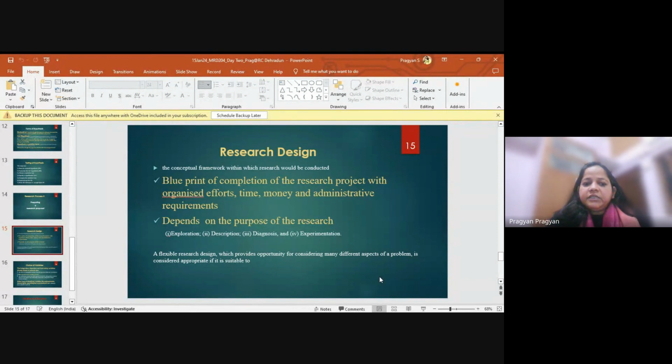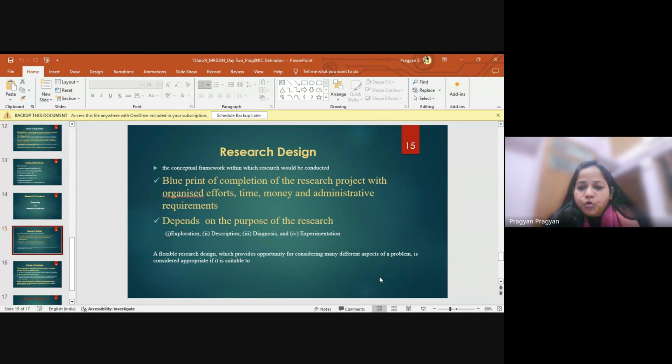So that is why exploratory, descriptive, and diagnostic research designs need no very special expertise or a very organized team. But in experimental research design, you always require a very experienced and very organized team of researchers. So this is the basic difference between these research designs.